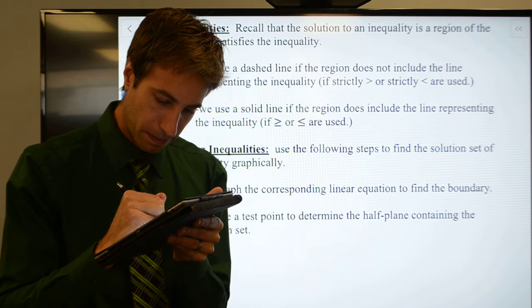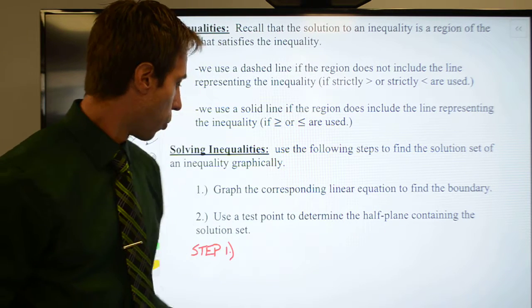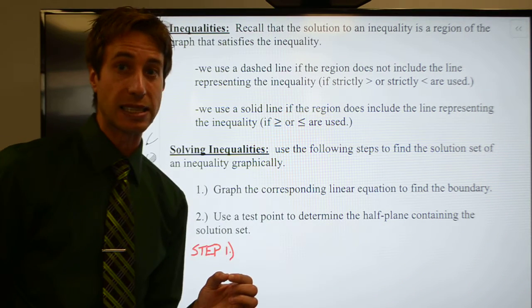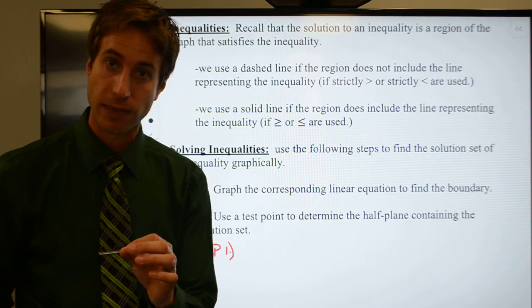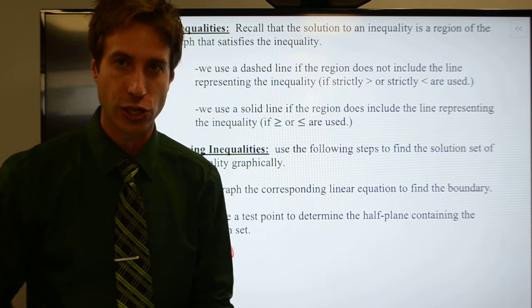Step 1: replace the inequality symbol with an equal sign, and graph the corresponding equation.